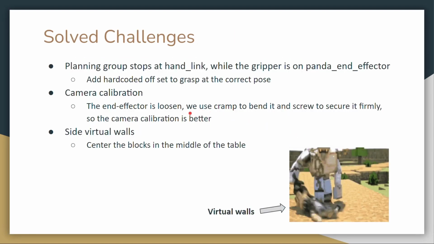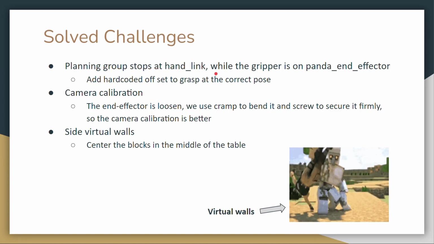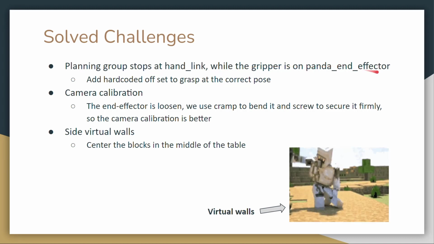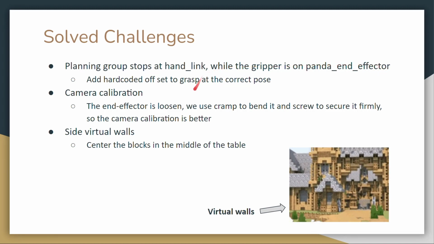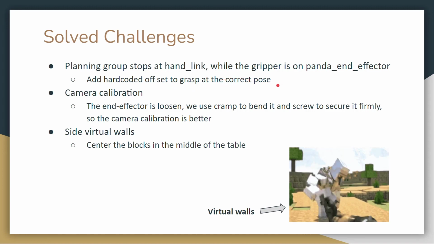So here are some challenges we faced. The MoveIt planning group stops at the hand link, while the gripper is actually at the Panda end effector frame, so we added a hard-coded offset to grab at the correct pose.